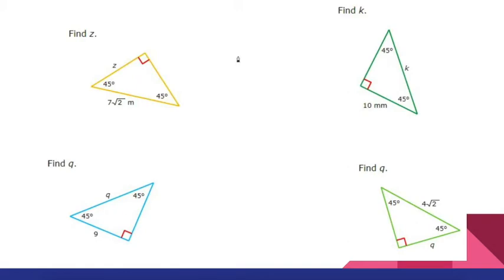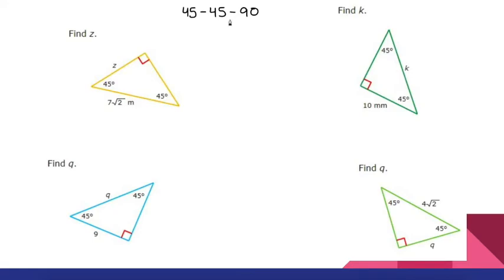45, 45, 90 triangles. As with most things in mathematics, these are not named in any sort of mysterious or magical way. They're just named for the measures of the angles in the triangle. So a triangle that has 45 degree, 45 degree, and 90 degree measures for its three angles is a 45, 45, 90 triangle.